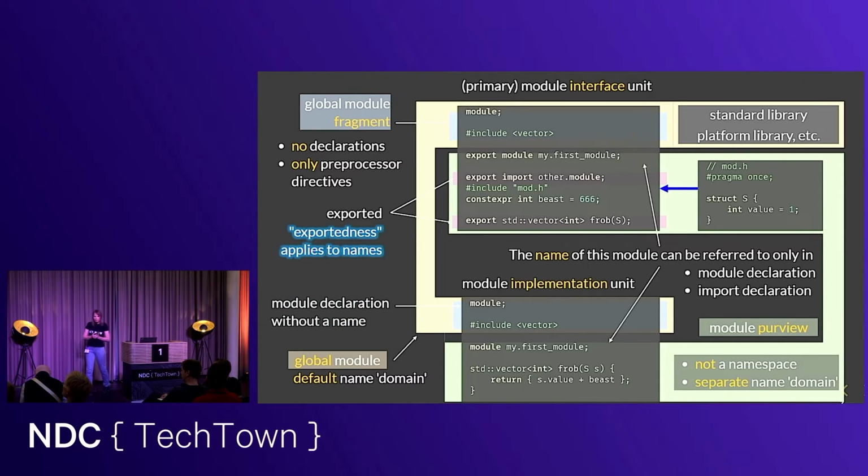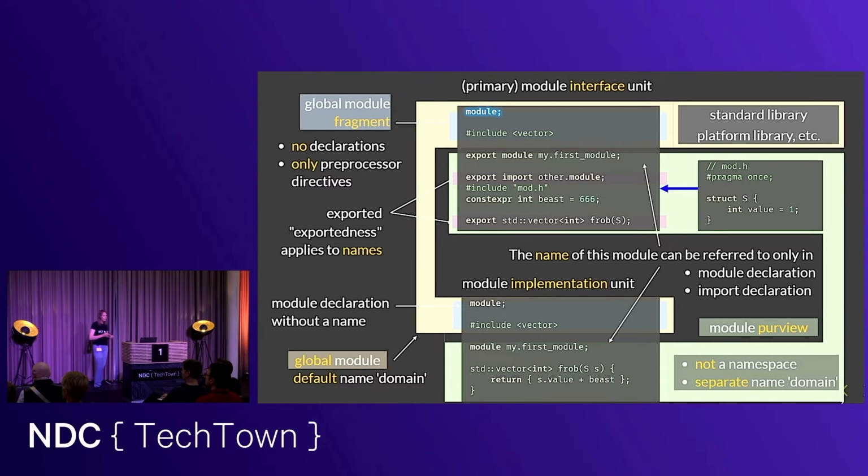The next thing that we have to talk about is exportation of entities through the BMI. Exportedness is not something that applies to the declaration itself. It applies only to names. If you export a name from a module, you make it available to name lookup. And that's the whole secret of modules, if you will. In syntax, as seen before, a module declaration without a name introduces the global module fragment.